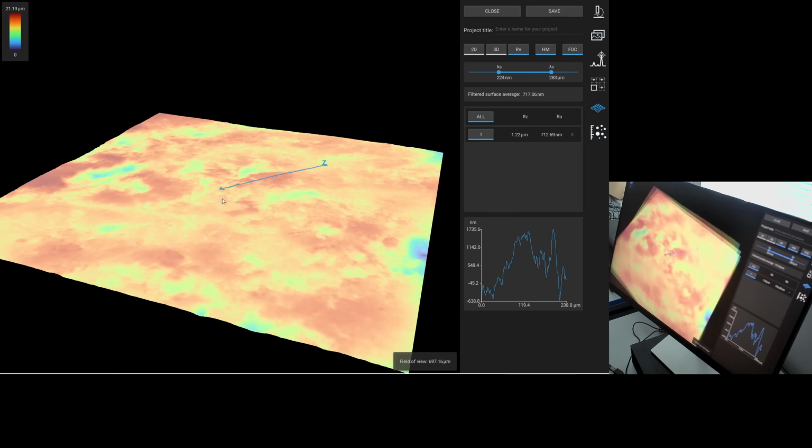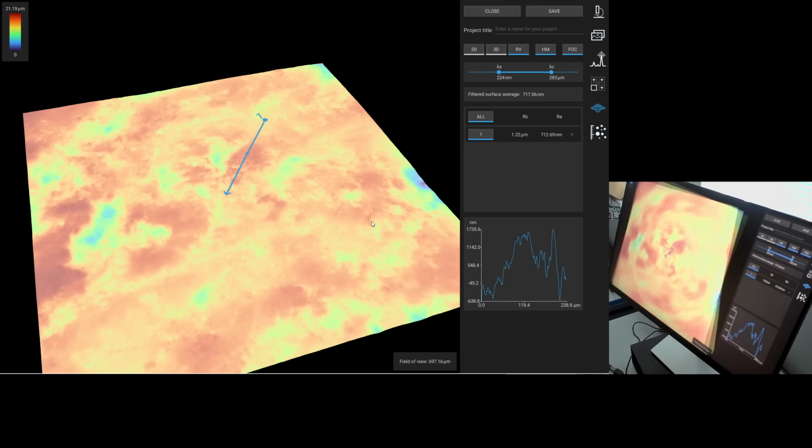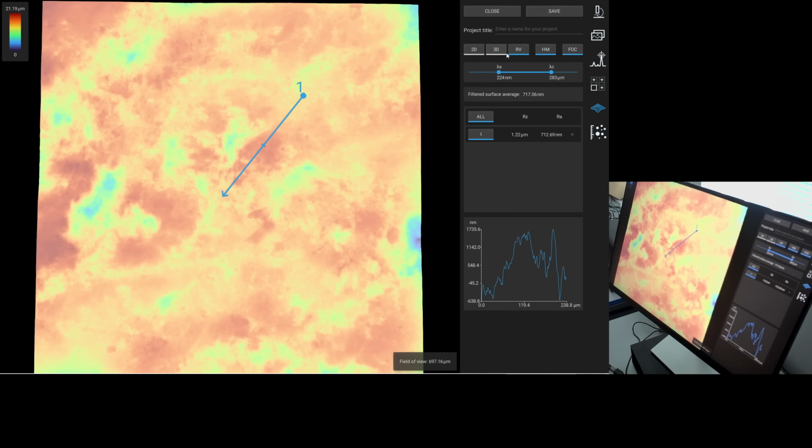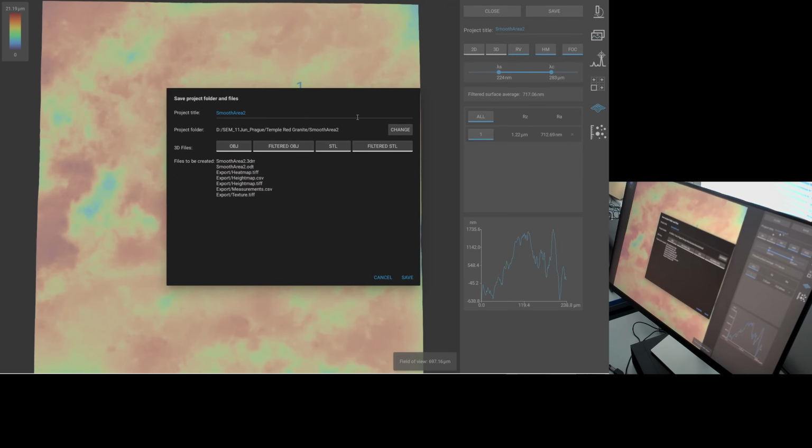Don't see any particular score marks on here, but there are some other scratch marks elsewhere. Maybe we'll just do another map of that. So we will save this.